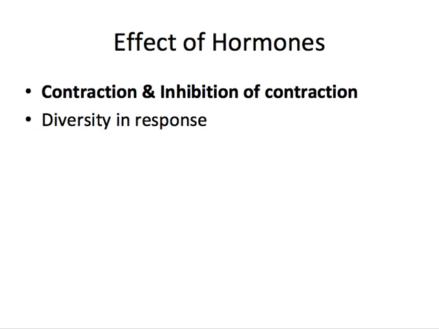Hormones also have an effect on the contraction or the inhibition of contraction. You see, the contraction is achieved through hormone gated excitatory receptors because these receptors cause the release of calcium ions from internal sources without any change in the membrane potential.